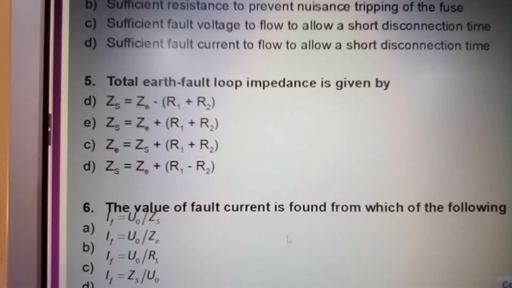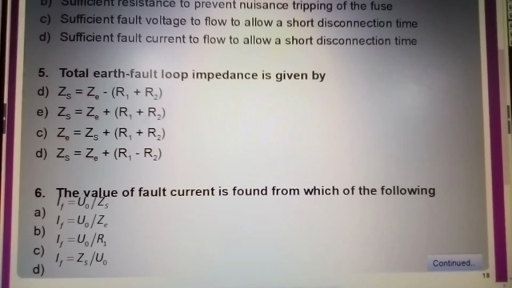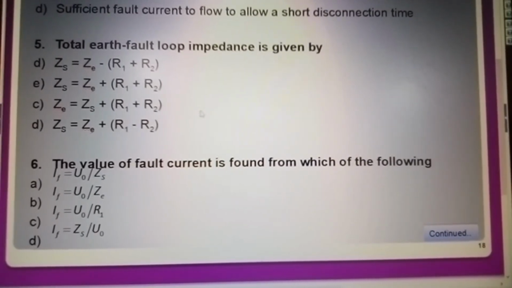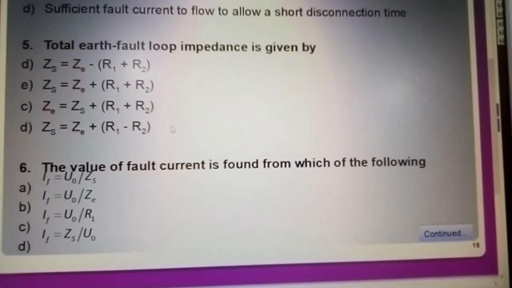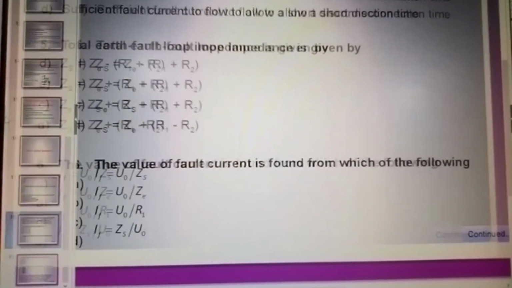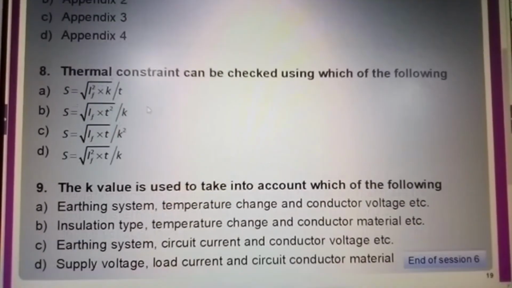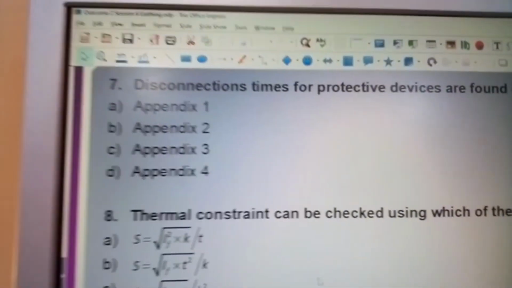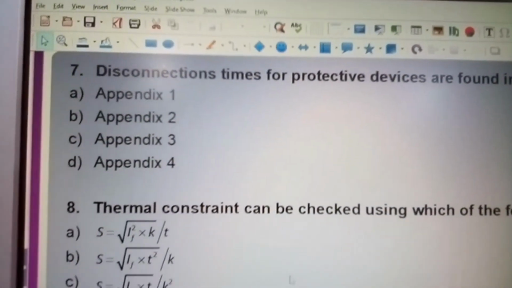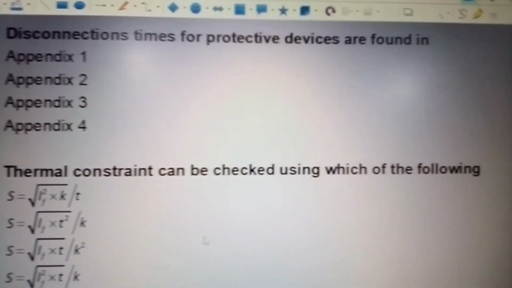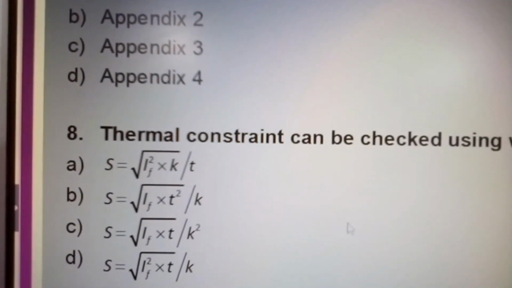And again, answer the question for me, please. Answer the questions, do the questions. It enables your understanding to take place, and it allows your brain to concentrate on what is relevant and important.